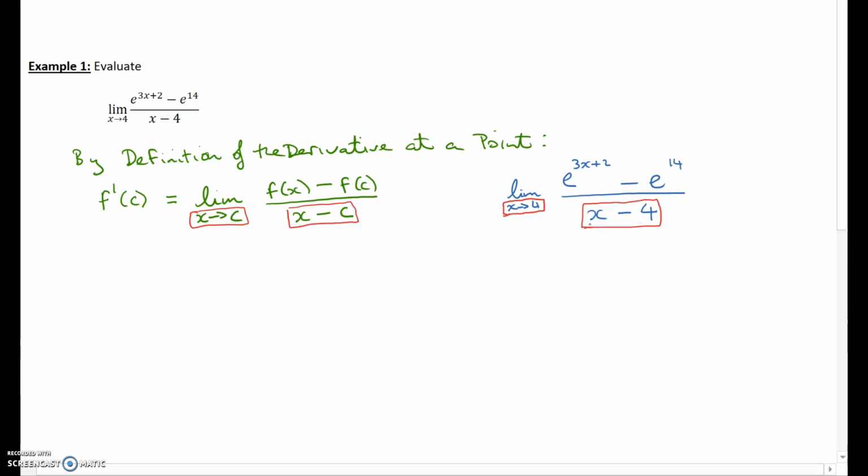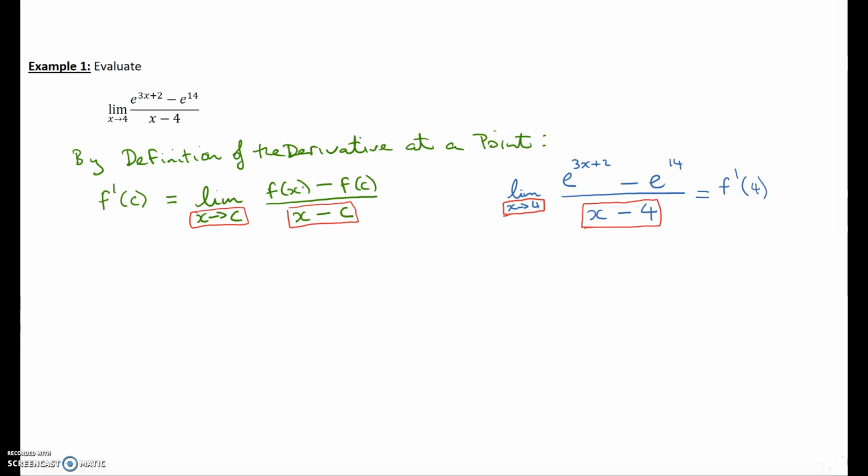If you accept that, then what you also have to accept is that this entire expression, the one in green, is equal to f prime of c, with c replaced by 4. So just by comparing the two, if the one in green is equal to f prime of c, then the one in blue is equal to f prime of 4.